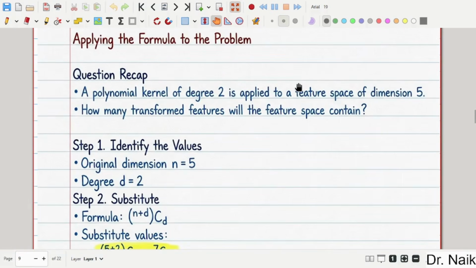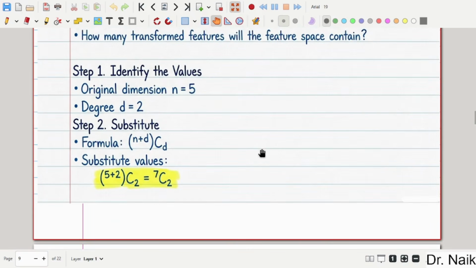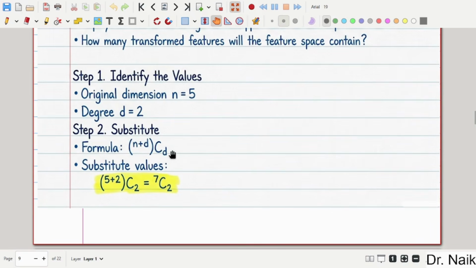Now apply this formula to our problem, where the feature space of dimension 5 means our original dimension n is 5, and the polynomial kernel degree is 2, that is, d is 2. Now substitute these two in our formula of (n plus d) choose d. So 5 plus 2 means 7. So 7 choose 2.